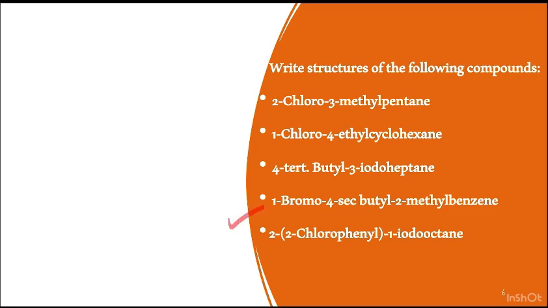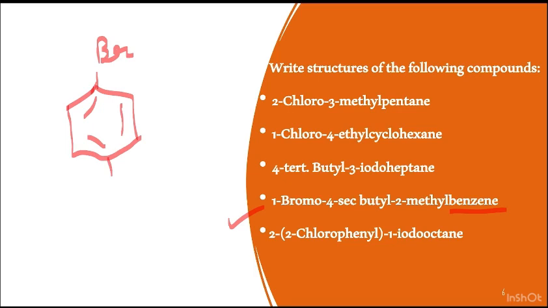Next is 1-bromo-4-secondary butyl-2-methylbenzene. So benzene is the parent compound. I'll draw benzene, 3 alternate double bonds. On any carbon, number 1, bromo. Then start numbering clockwise or anti-clockwise. Fourth carbon is secondary butyl.